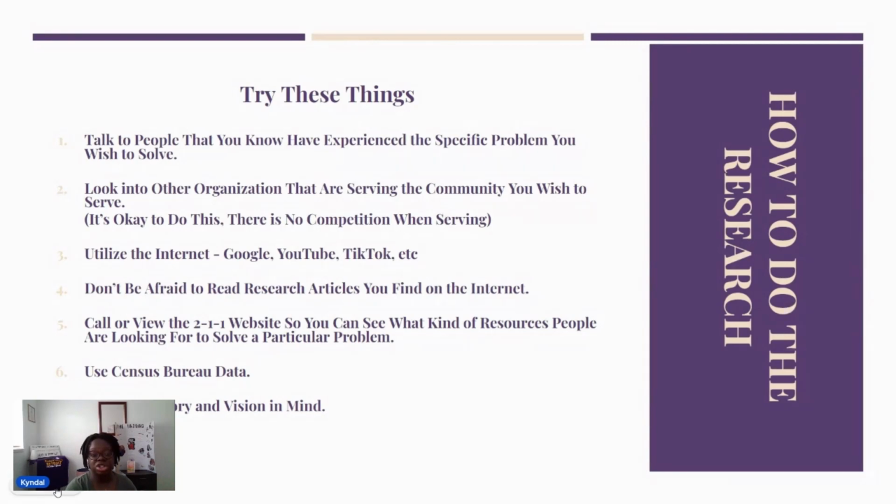I encouraged reading research articles, calling 211 to figure out how other organizations are helping others and figuring out the problem they want to solve. Also, using the Census Bureau data as well. So, these were the different methods that we talked about last week that would help us define the problem.